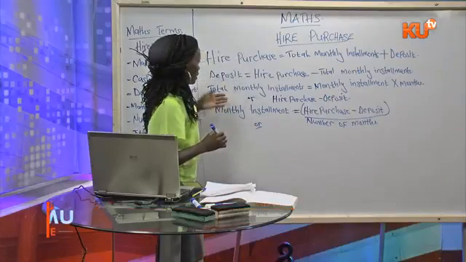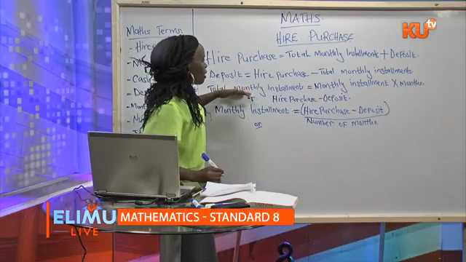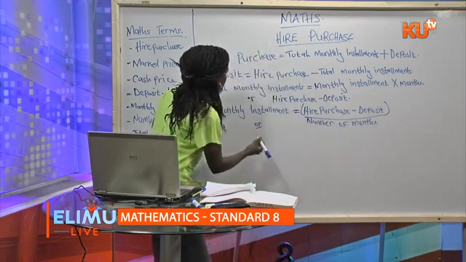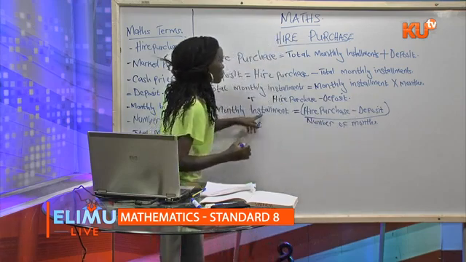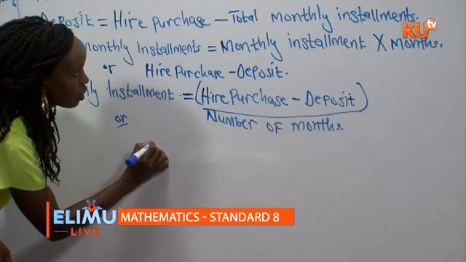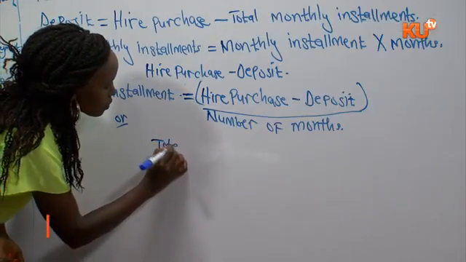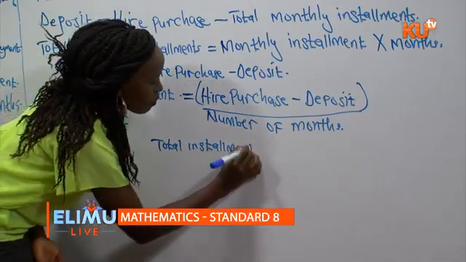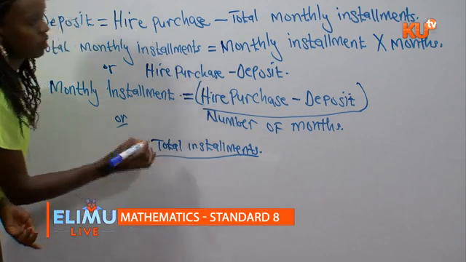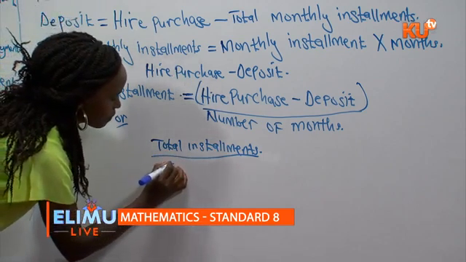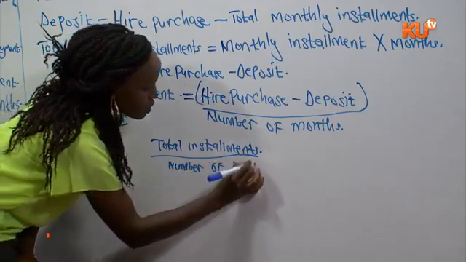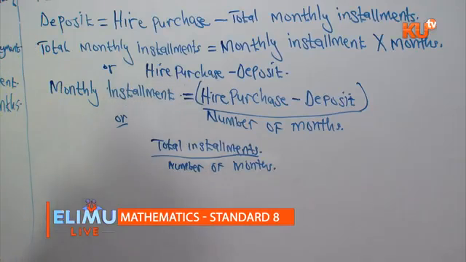If, for example, I have my total monthly installments and I have the number of months and I'm looking for the monthly installment, the monthly installment will be equivalent to the total installment divided by the number of months. So we'll still get the same answer.